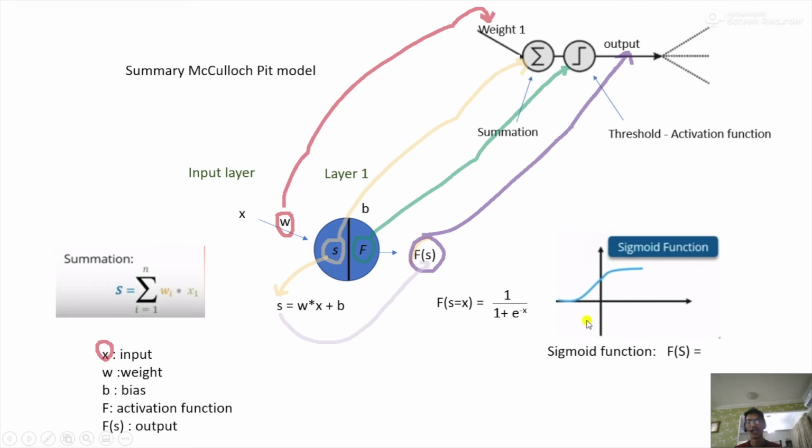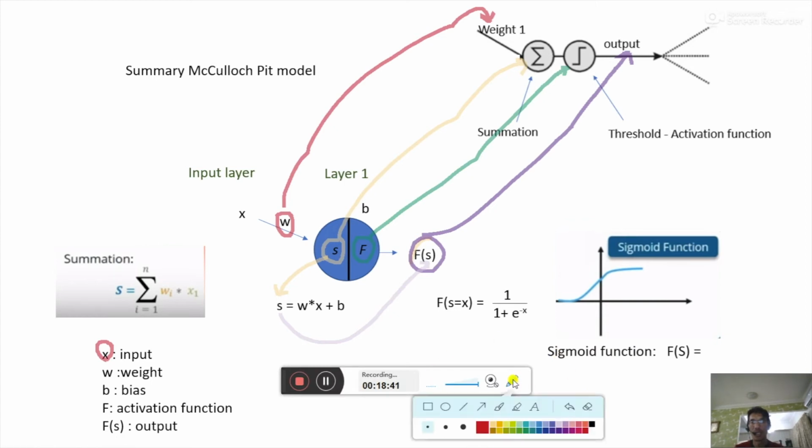This is one example of what F is. F is what we call a sigmoid function. You don't have to worry about what this function is all about. It sits at the end: whatever S you get goes in as input to the function. This function is normally used in artificial intelligence.